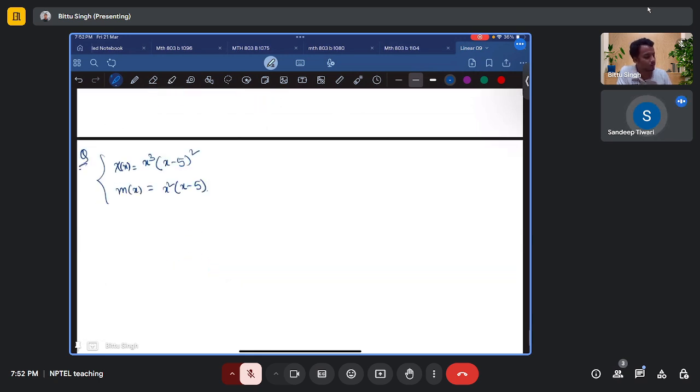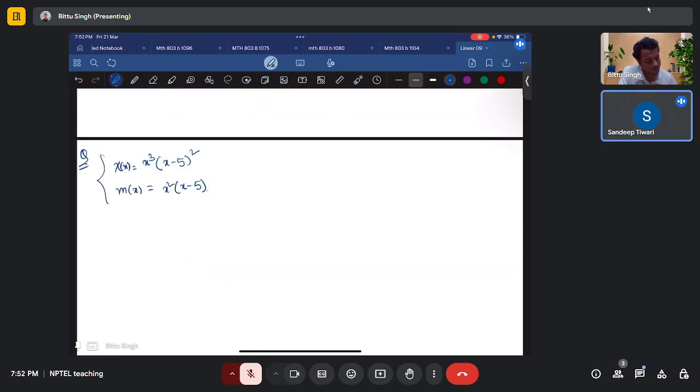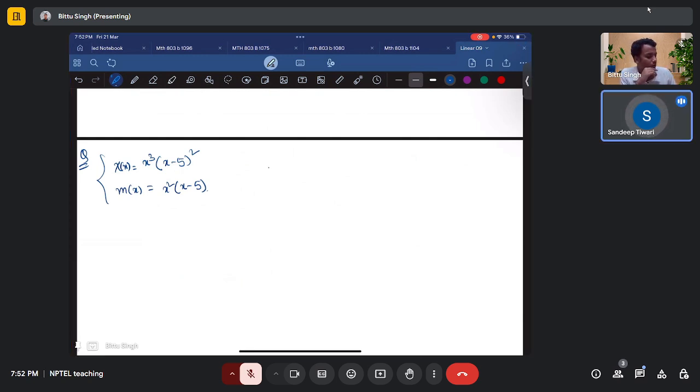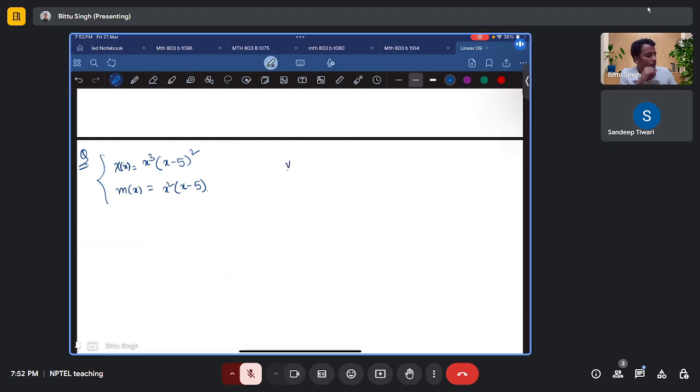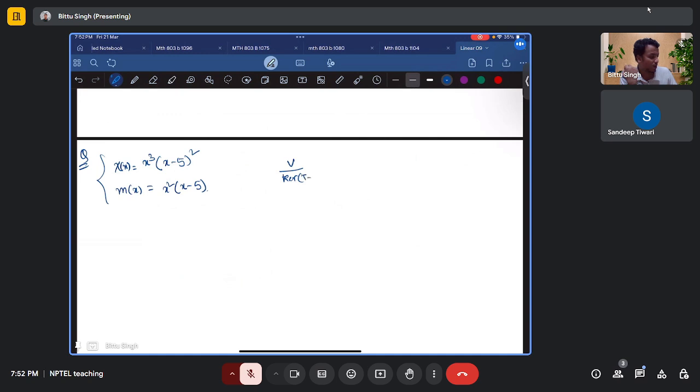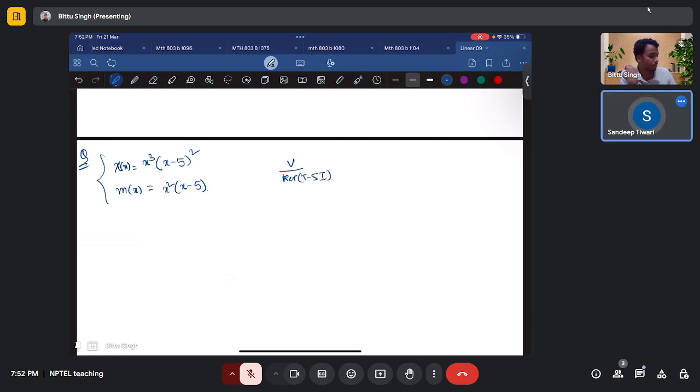Sir, we need to show that T bar is the induced linear operator on V upon the kernel of (T minus 5I), the nullity of T minus 5I.